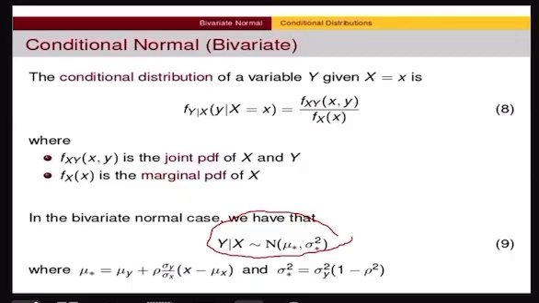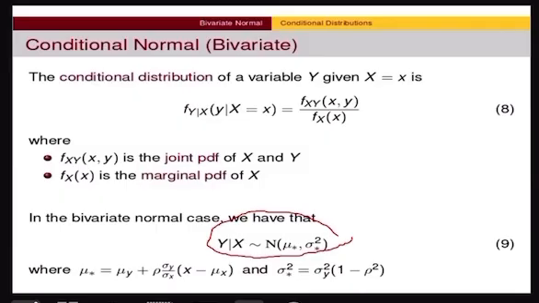Maybe Y represents the proportion of time the drive-in facility is used in a bank, and X represents the proportion of time the walk-in facility is used. Of course, when you go to the bank, some customers walk in, and some are driving. Does that make sense? And they're going to be attended to through the window.